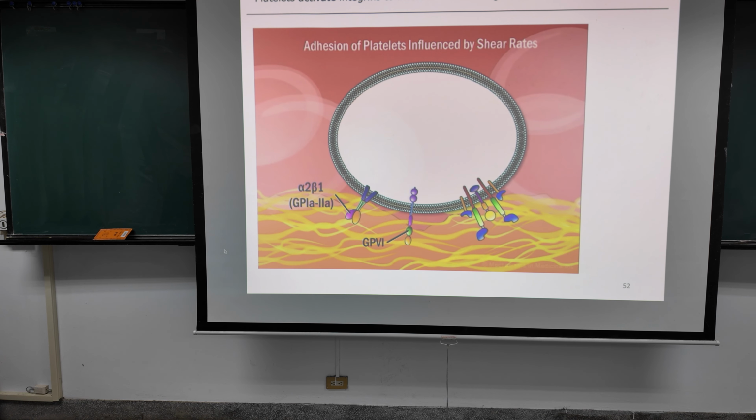Adhesion of platelets to the exposed subendothelium is influenced by shear rates. At high shear, alpha-2 beta-1 and GP6 are not sufficient to initiate binding to collagen, and binding of the GP1b-9 receptor to von Willebrand factor, abbreviated here as VWF, that is immobilized on collagen, becomes essential in platelet adhesion.